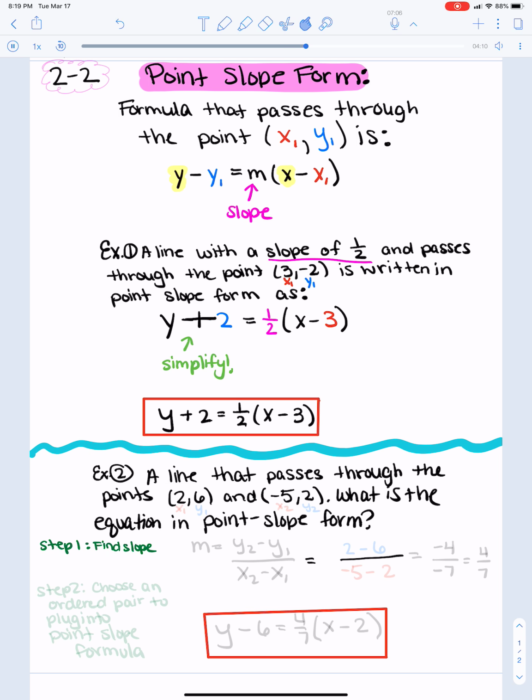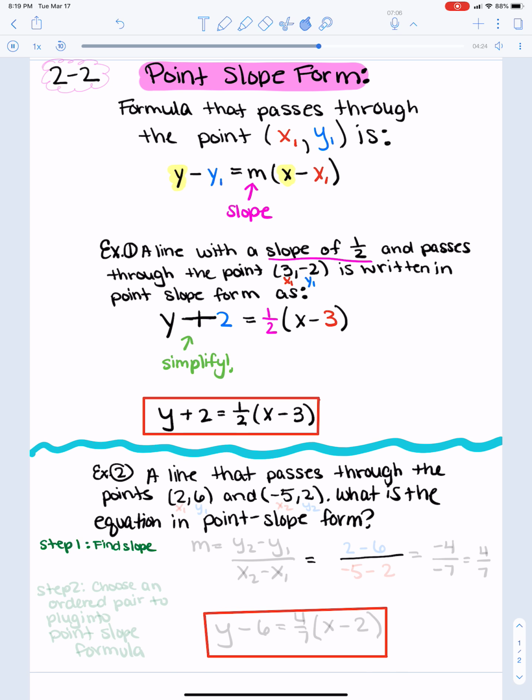All right, example 2. A line that passes through the points 2, 6 and -5, 2. What is the equation in point slope form? All right, so this was partially on what you were supposed to do today for day 2. You have to write the equation of a line from 2 points. The first thing that you should do is find the slope.